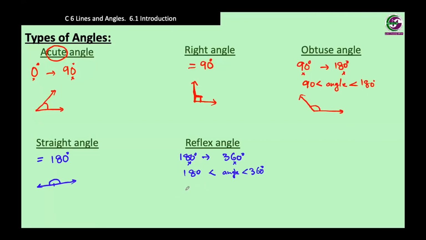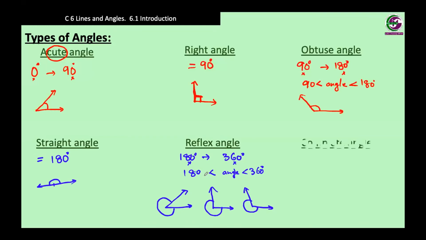It can be drawn by an acute angle, a right angle, or an obtuse angle, but as the word says, reflex, not from the inner part, it should be from outside. So this is a reflex angle, this is also a reflex angle. A reflex angle measures from outside because, as the word says, it should be more than 180 degrees.